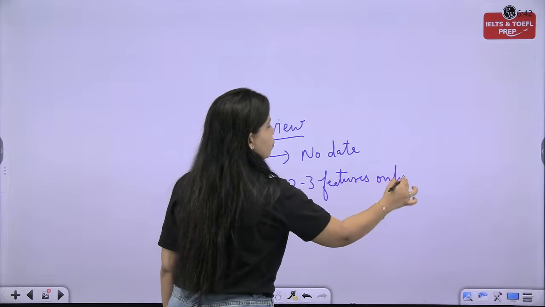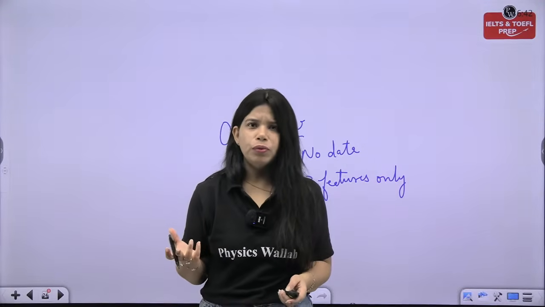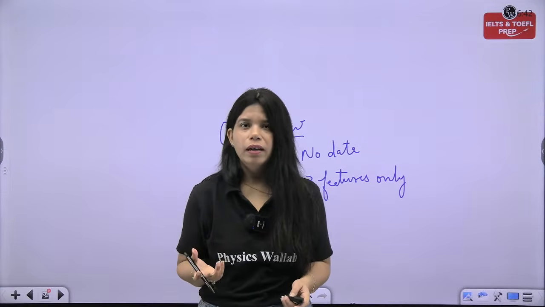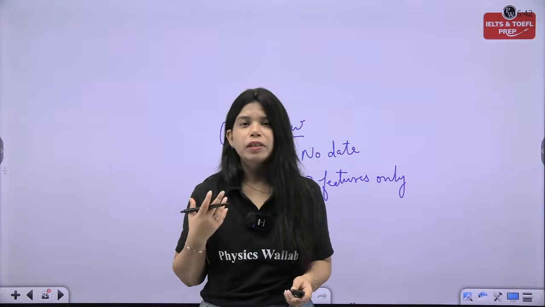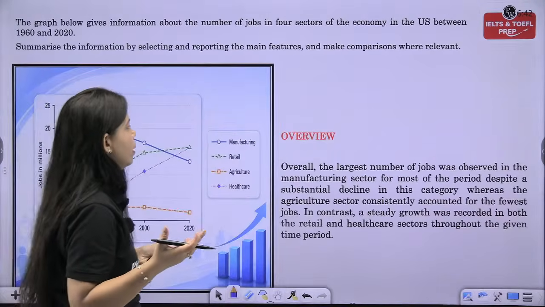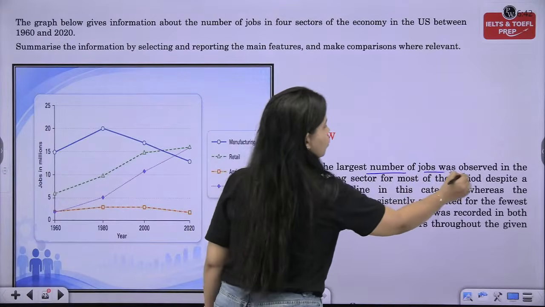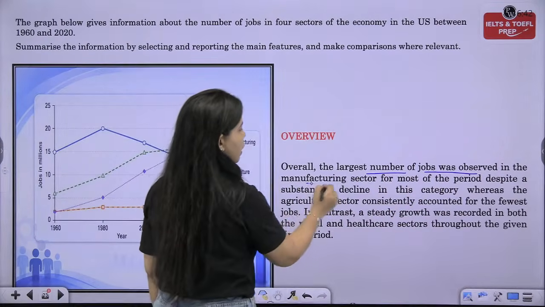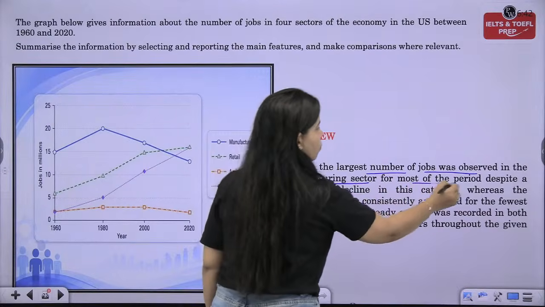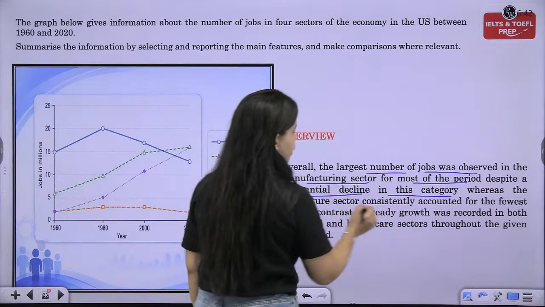You do not include a lot of information in the overview, a maximum of 3 features without data. And these features have to be striking. Important. Striking means important. Okay, here is the overview. It says overall the largest number of jobs was observed in the manufacturing sector for most of the period, despite a substantial decline in this category.